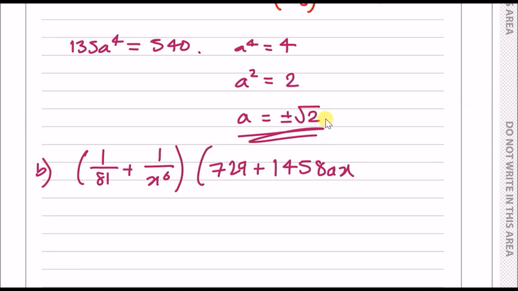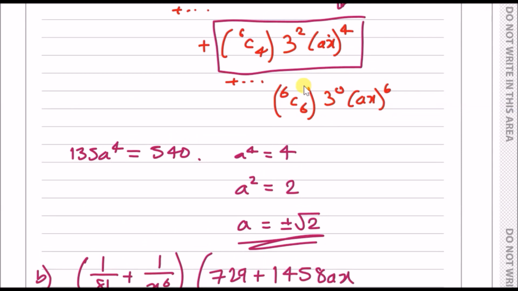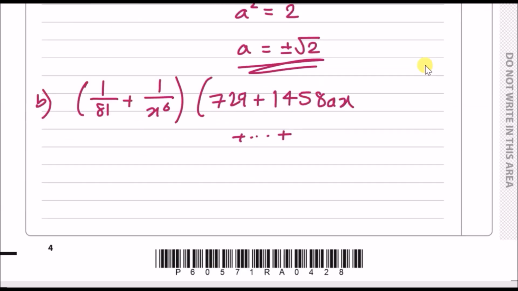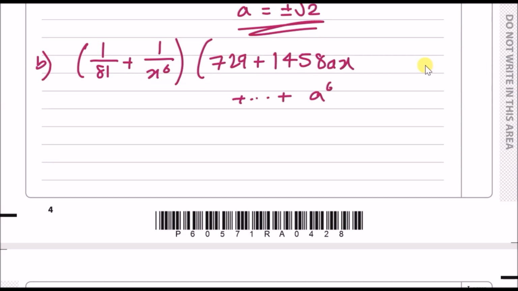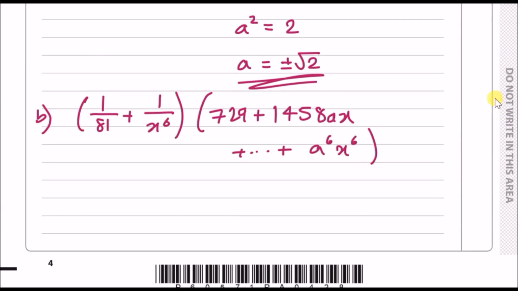If we keep on doing this, plus dot dot dot, we're eventually going to get to the final term, 6 choose 6. This gives you 1, this gives you 1, so 1 times 1 is 1, and ax to the power 6 is just a^6 x to the 6. Now let's see what's next here. Using the normal expansion method, we'll have to multiply term by term.